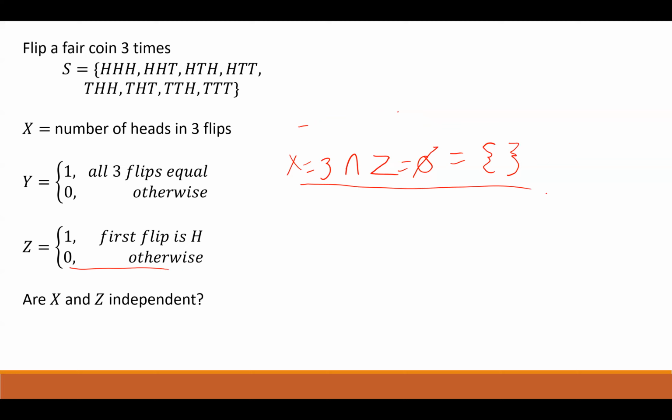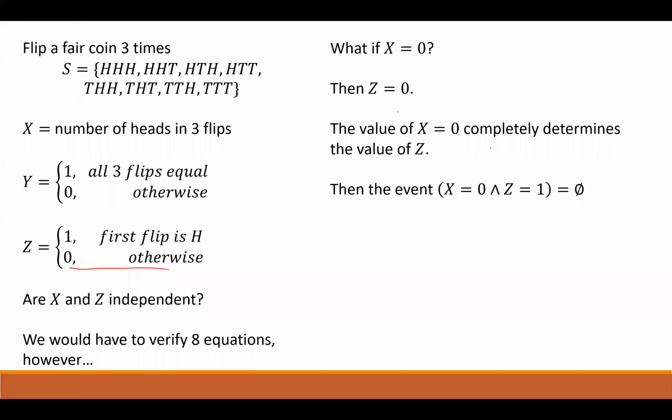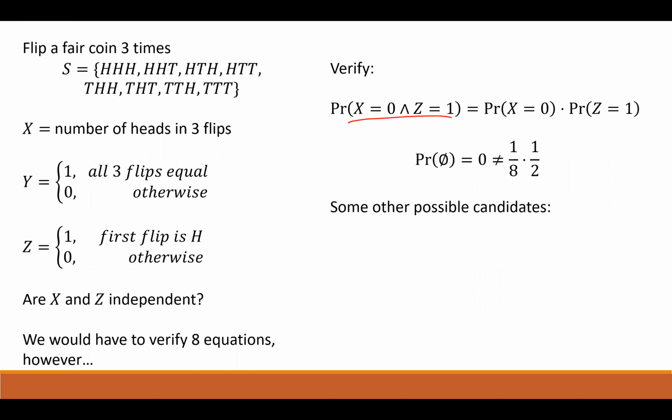I suppose I would accept this. Well, no, I can't really. You still have to verify at least one equation is not true, because if all of them have probability 0, then you have a problem. This is the probability of the empty set, which is 0, and these are not empty. So x equal to 0 has probability 1/8, z equal to 1 is probability 1/2.